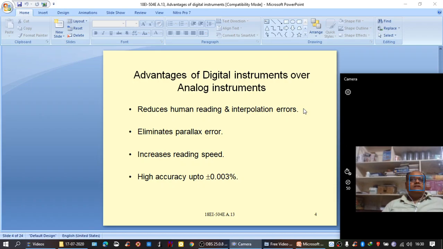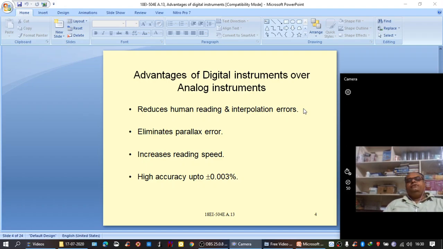Suppose the operator takes the reading looking from the left, he may read it more than the actual value. If he is taking the reading looking from the right, he may note it down a little lesser than the actual value. That is called parallax error, the error due to angle of vision.